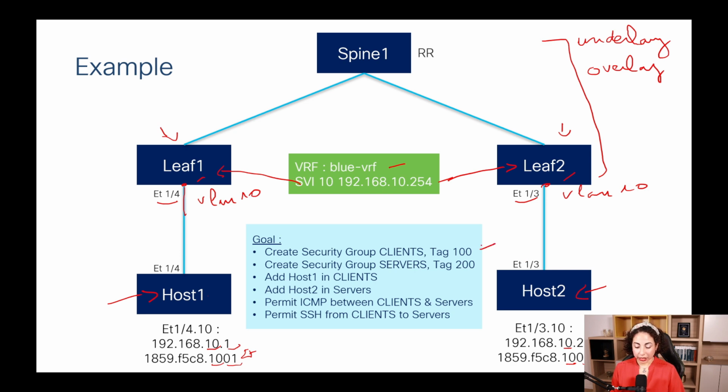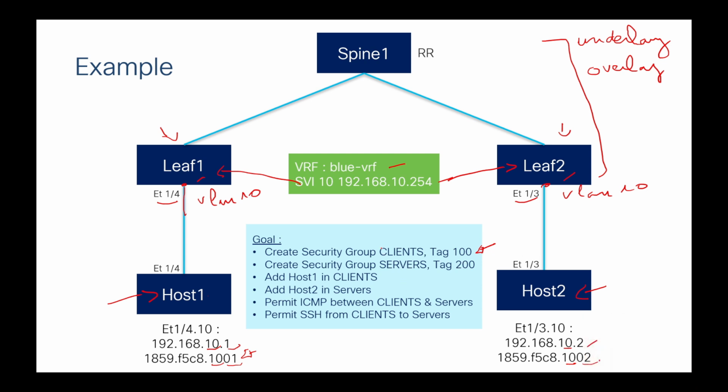Now let's check out what is the final goal that we want to reach. We want to create two security groups: one security group that I will name clients, to which we will assign the tag 100, and one security group named servers, to which we will assign the tag 200. Then we will match host 1 to put it in clients, and match host 2 to put it in servers. Apologies, servers should be in capital letters, but never mind, you got it.